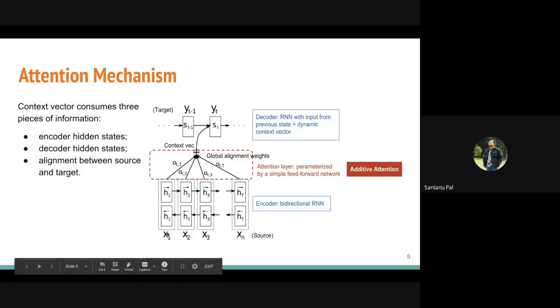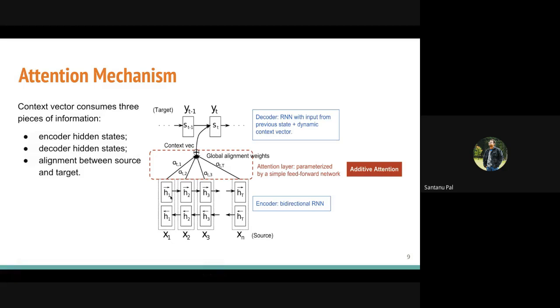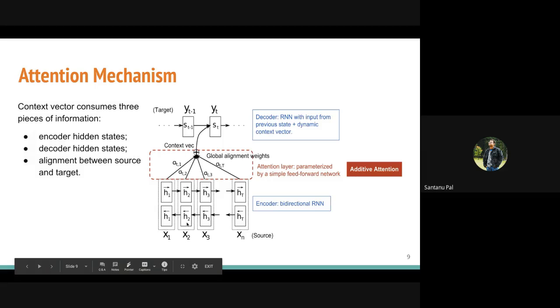So x1 information is passed to the hidden layer and keeps passing through the hidden layers, and there is also a backward representation. And if you look at the context vector, it always has connections to all the hidden layers. So it has the information of x1, x2, x3, and so on.